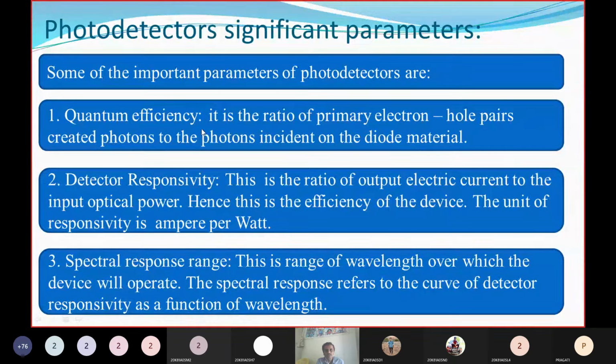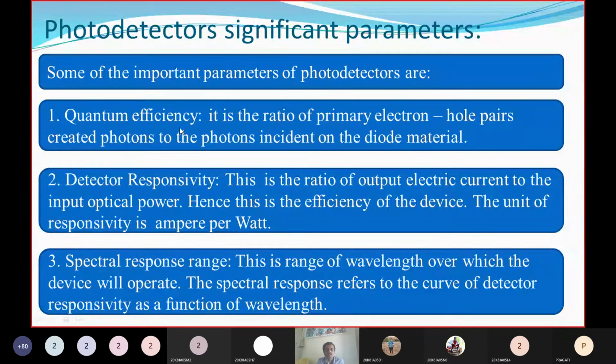Yesterday we discussed this. So quantum efficiency is the ratio of the number of electron hole pairs produced due to photons incident on the diode to the number of photons incident on the diode material. This gives the quantum efficiency.